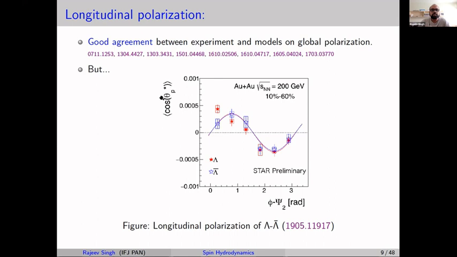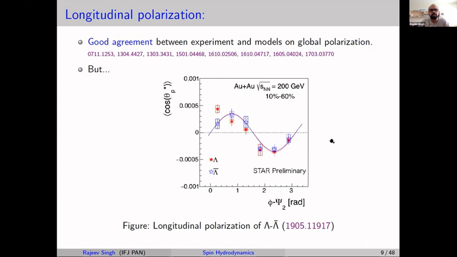And this theta p is actually the polar angle of the protons in the lambda bar rest frame, and phi is the azimuthal angle, and psi 2 is the second order event plane. But one may ask why we are only measuring the lambda bar spin polarization.